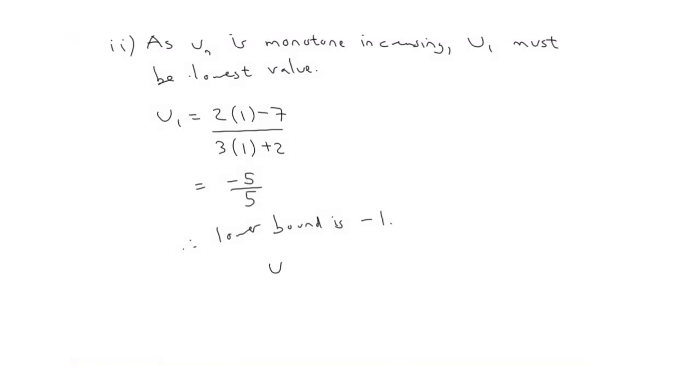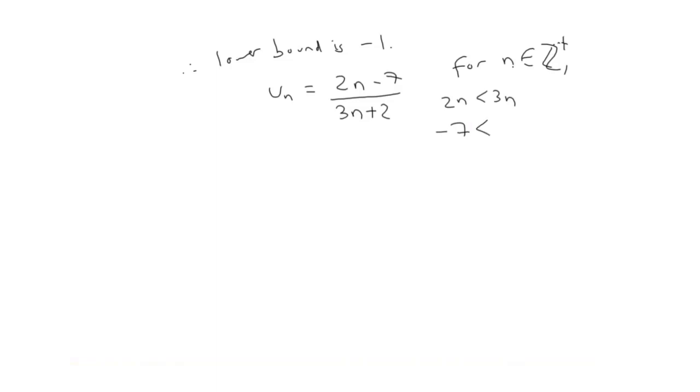So basically, un equals 2n minus 7 over 3n plus 2. So basically, we can very quickly show that this will never get beyond 1 if you think about it. So for the n's that we're interested in, which are positive integer n's, 2n is always going to be less than 3n, and the minus 7 is going to be always less than 2.